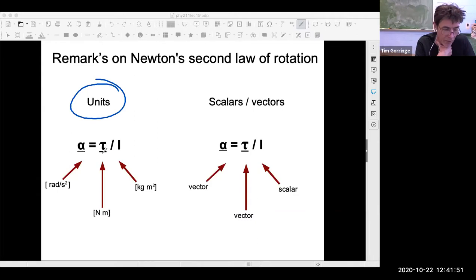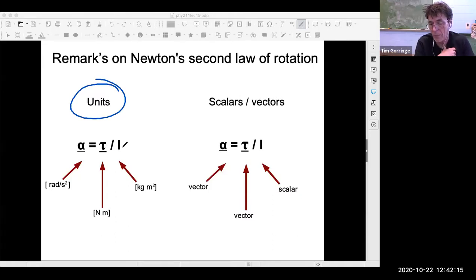It does have a direction as well as a size. Angular acceleration, like linear acceleration, that's a vector. Does have a direction as well as a size. That's why they're underlined in this equation, to indicate they're vectors. Moment of inertia, on the other hand, like mass or inertia, that's a scalar quantity. It just has a size.